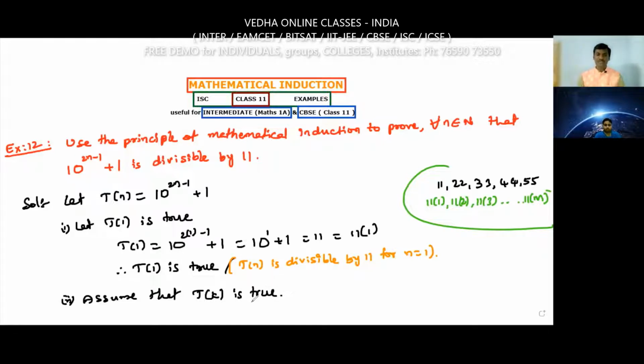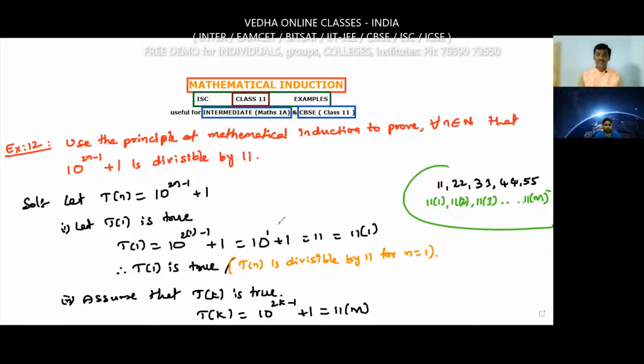Both are the same. If we take T(k), in place of n substitute k, so that is 10^(2k-1) + 1. If it is divisible, compulsorily it is 11 into some number. I am taking 11 into m.